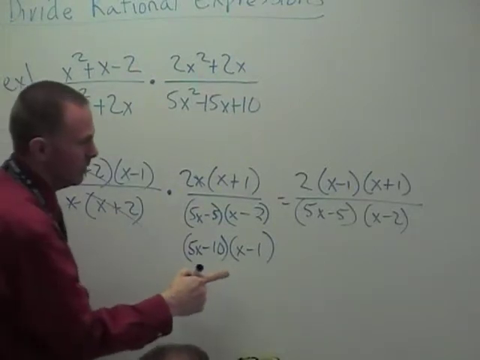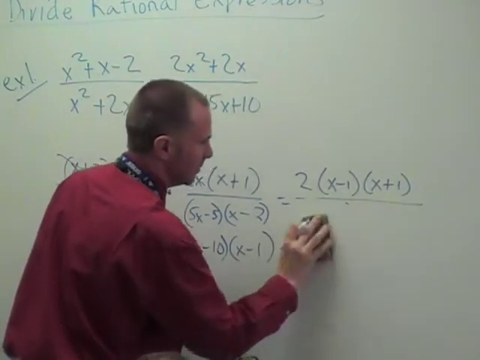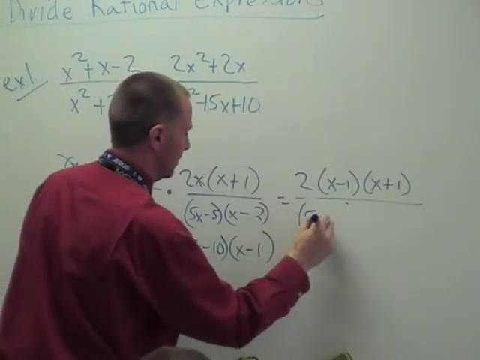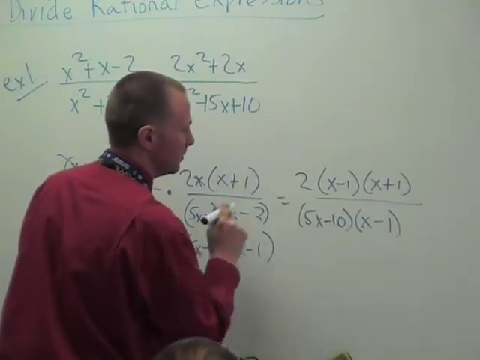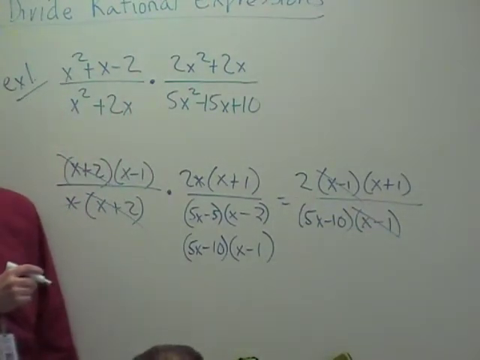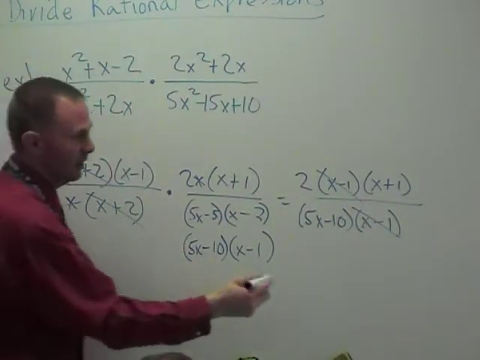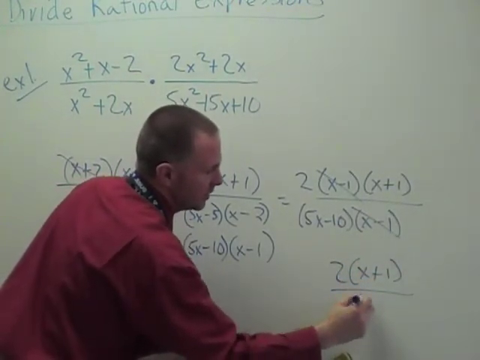So now, what do you notice about, let's change this. 5x minus 10, x minus 1. The x minus 1's now cancel, reduce. Now you're left with 2 times x plus 1 over 5x minus 10.